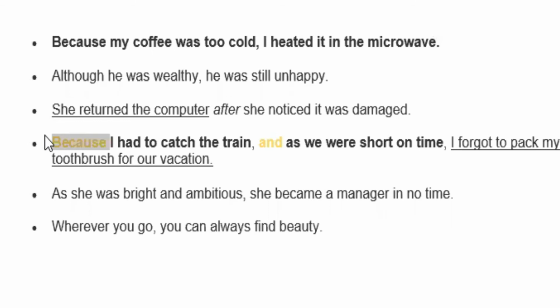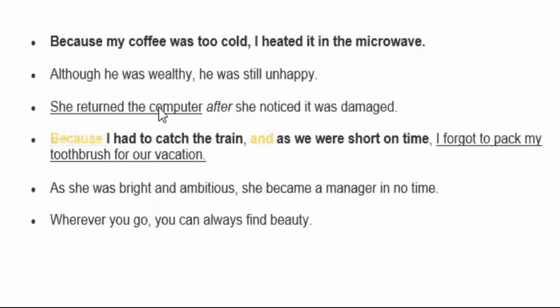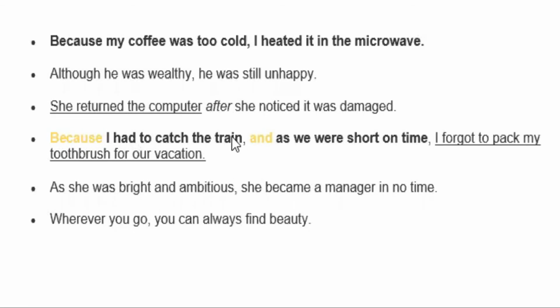toothbrush for our vacation. Now, it is important for us to know how to use, how to compile, how to write these different types of sentences, especially in our writing, in our short stories. We want to explain a point or we want to say something, but because we are not comfortable writing too long sentences, we end up having snippy, very short sentences.